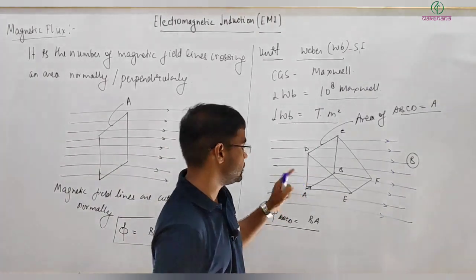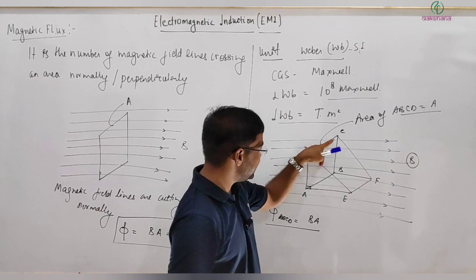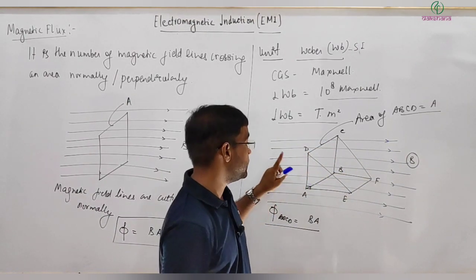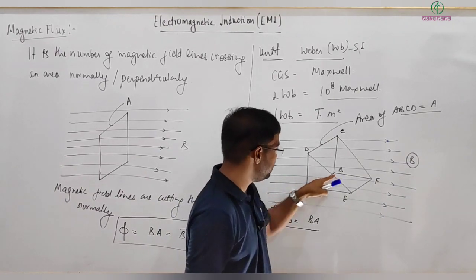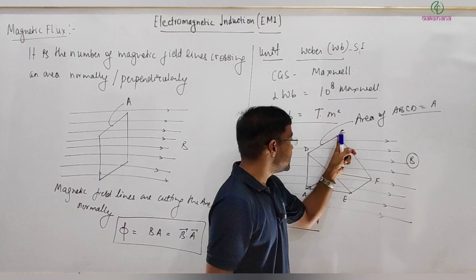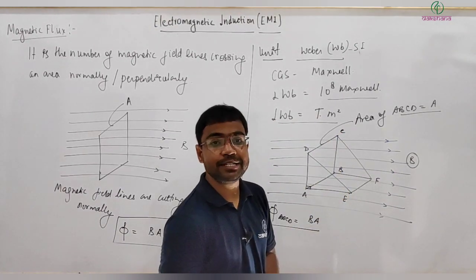Now, if ABCD is perpendicular to the magnetic field, the number of field lines crossing ABCD will be exactly equal to the number of field lines crossing CDEF, but the area of CDEF is different.